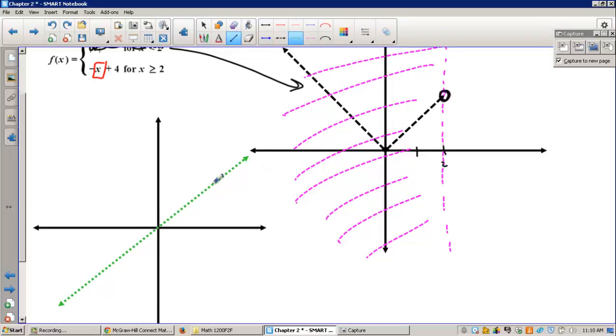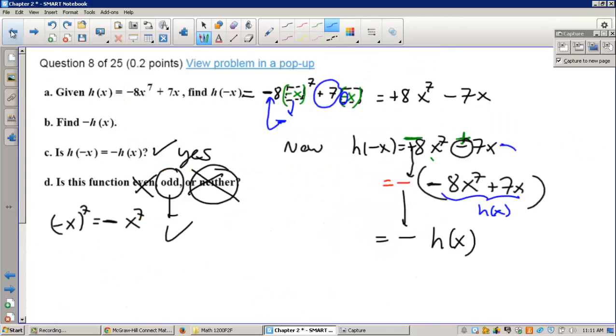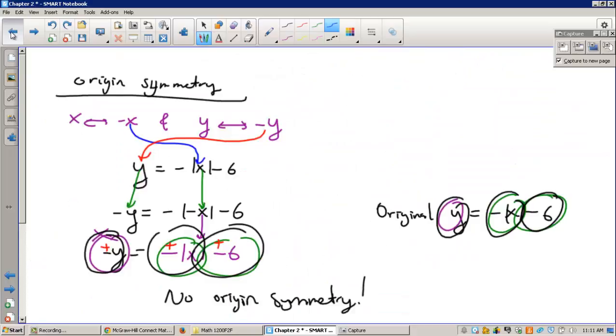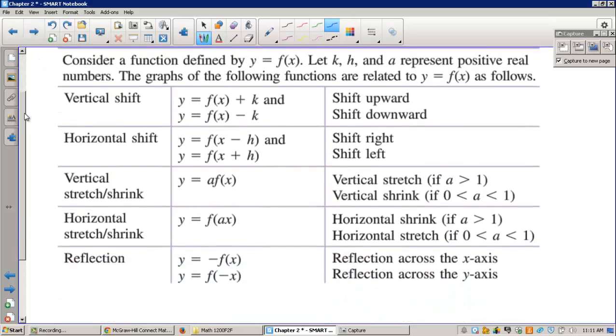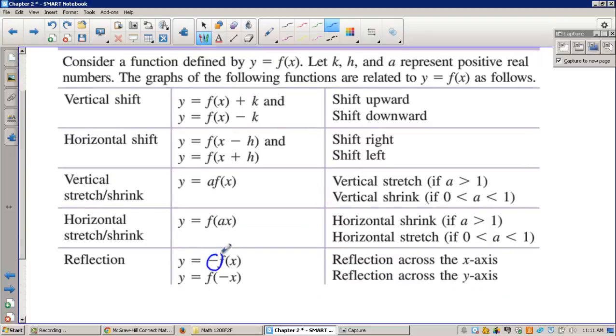What happens if you put a minus sign in front of a function you know very well? What happens to the picture? You have a minus in front. Minus in front of functions. Where are you? There we go. This is the table of transformations. If you have a minus in front of a function, absolute x or x squared or x cubed, minus makes a reflection across the x-axis.